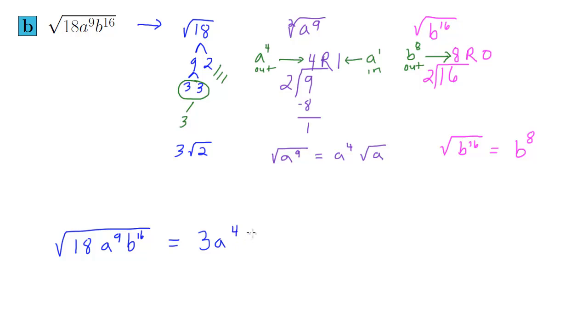And the b to the 16th gives me a b to the 8th on the outside of the radical. So these three factors need to go outside the radical. But then I still have two factors inside the radical, 2a. So I have to write square root of 2a. So that's my simplified form, 3a to the 4th, b to the 8th, times the square root of 2a.